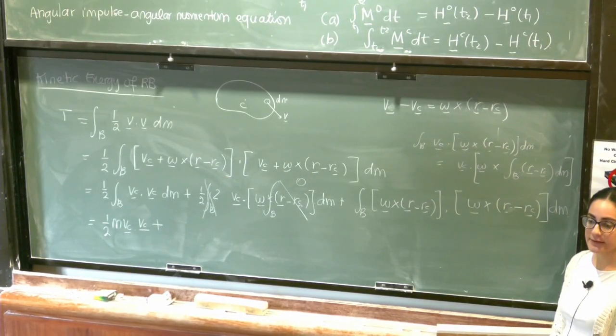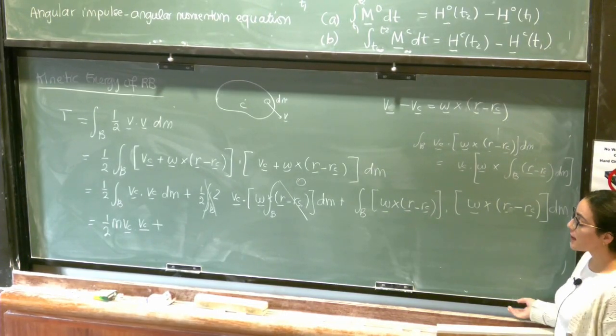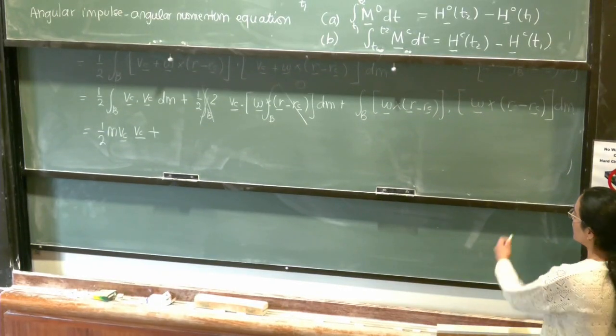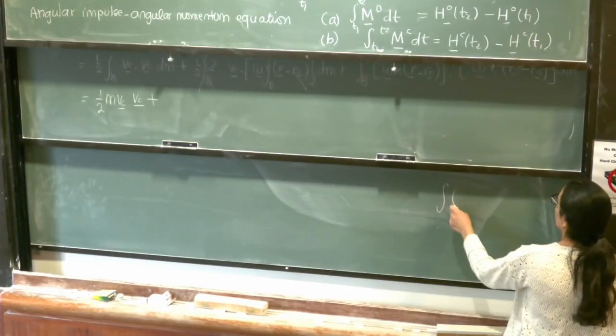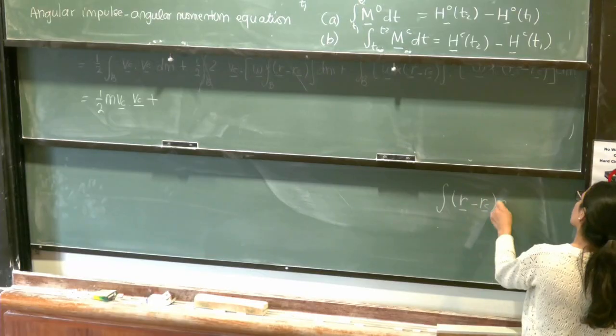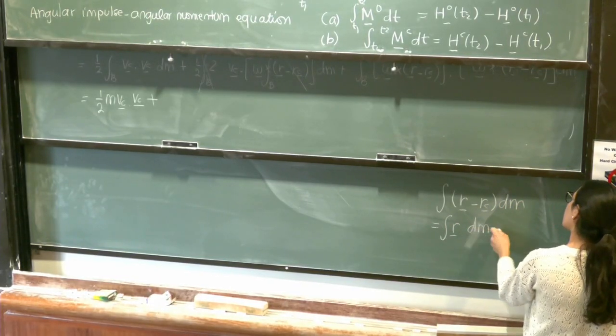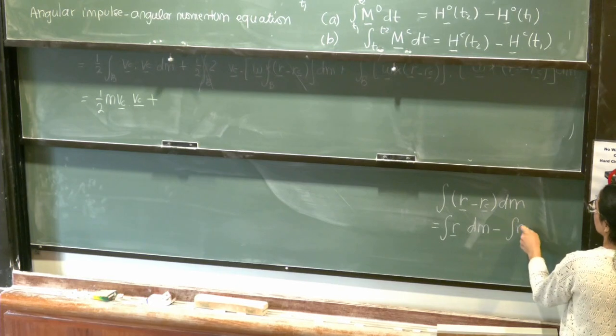I know you answered this already, but I'm still confused on why r minus rc. Yes, I can show you, but I needed to review this because it's something that you should know by now. The integral of r minus rc dm is the integral of r dm minus the integral of rc dm.